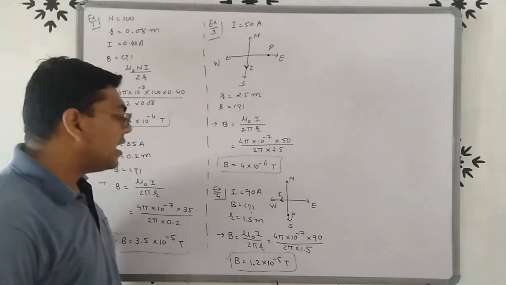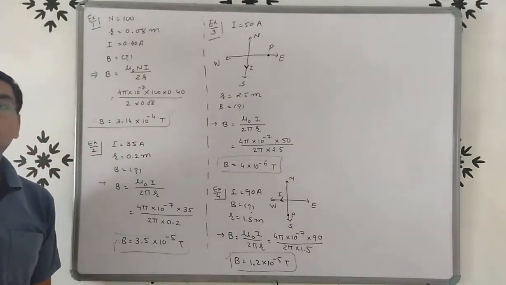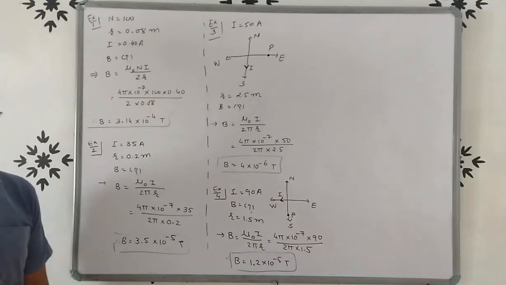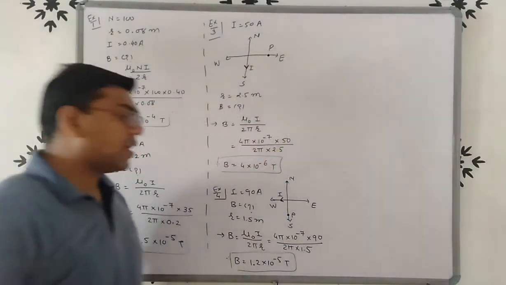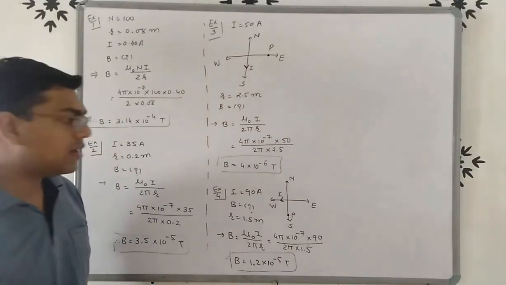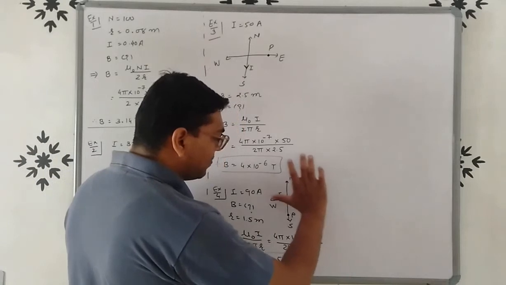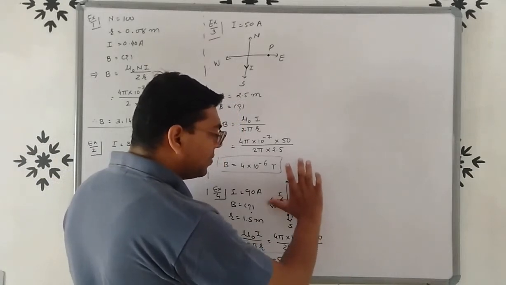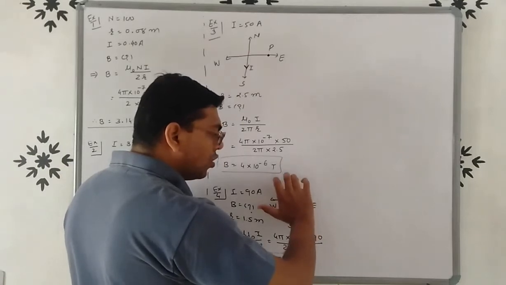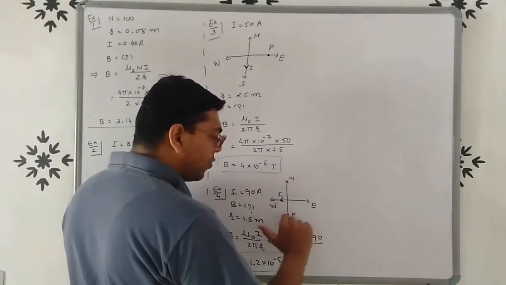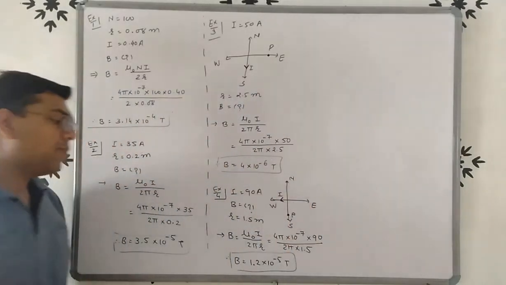Now to find out the direction of magnetic field, again we have to use the right hand rule, right? So once again we have to place the thumb in the direction of current. The direction of current is from east to west. So the thumb is like this. Now the fingers are towards north to south at point P. So what is the direction of magnetic field?